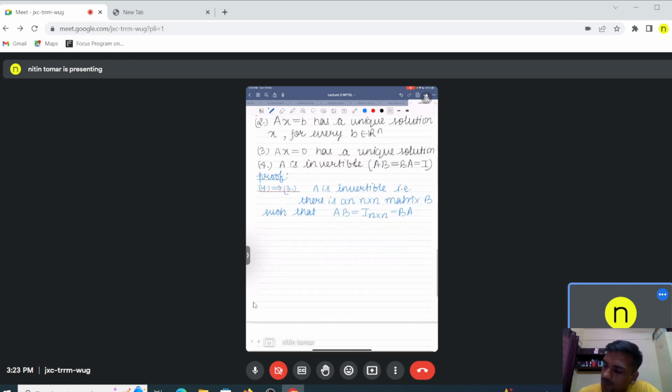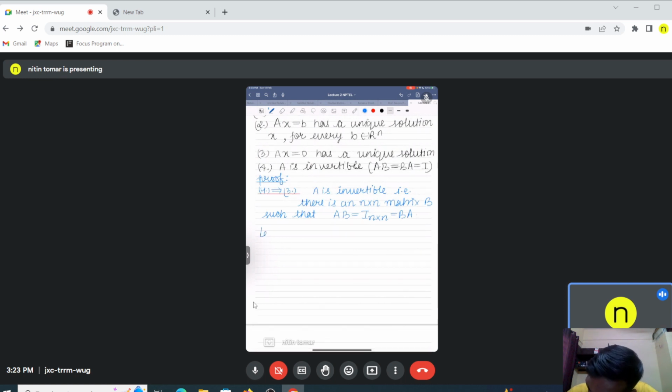Now let Ax equal to 0 for some x in Rn. Then what does it mean? If you pre-multiply both sides by B, it is obvious, right? So you will get BAx is B times 0, but B of 0 is 0.